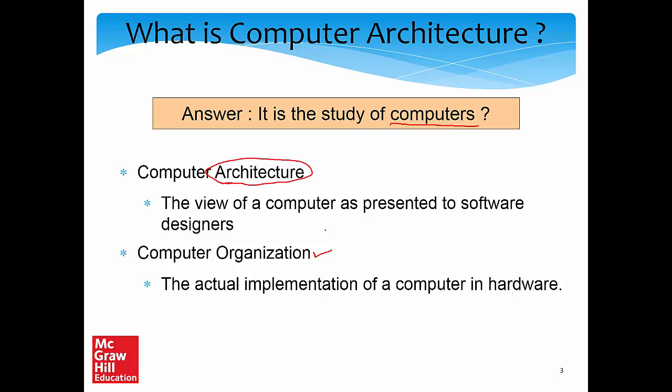Computer architecture is the view of a computer that is presented to software designers, which essentially means that it is an interface or a specification that the software designers see. It's a view of how the computer works and how they should write software for it. Whereas computer organization is the actual implementation of a computer in hardware.